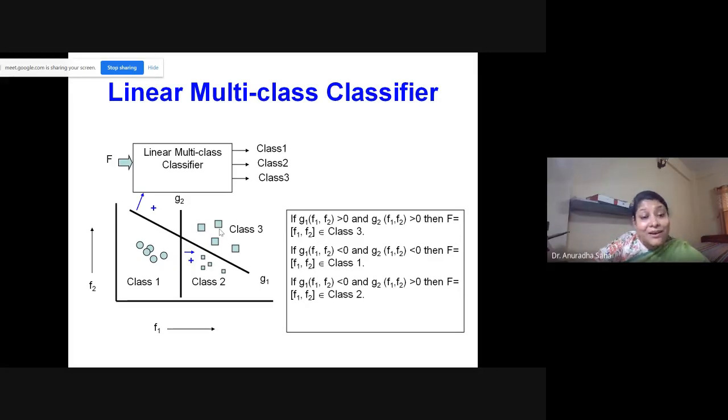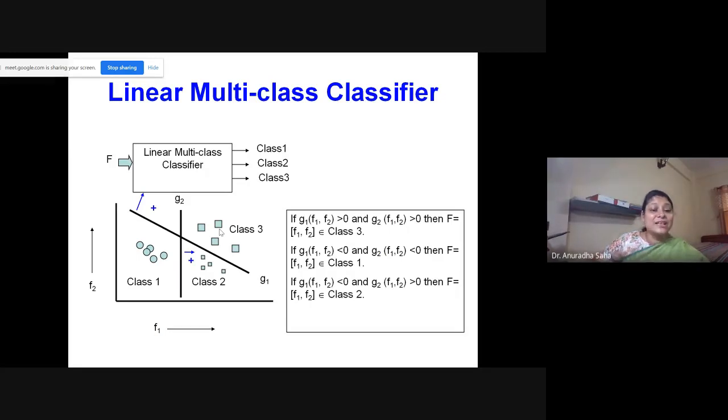So here I'm going to give you a short essence of how a linear multi-class classifier is designed, now that we are not in the situation where we only have zeros and ones.